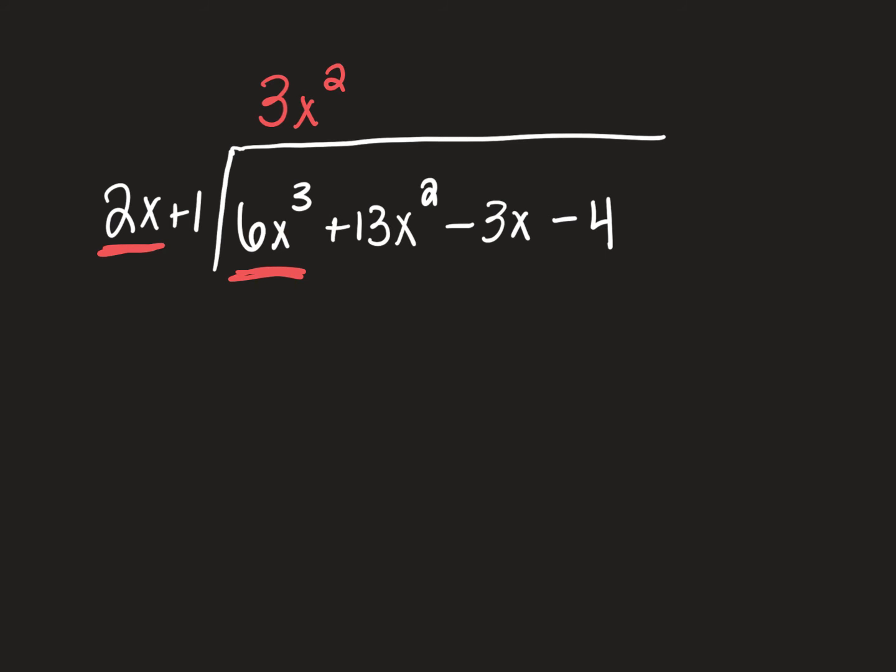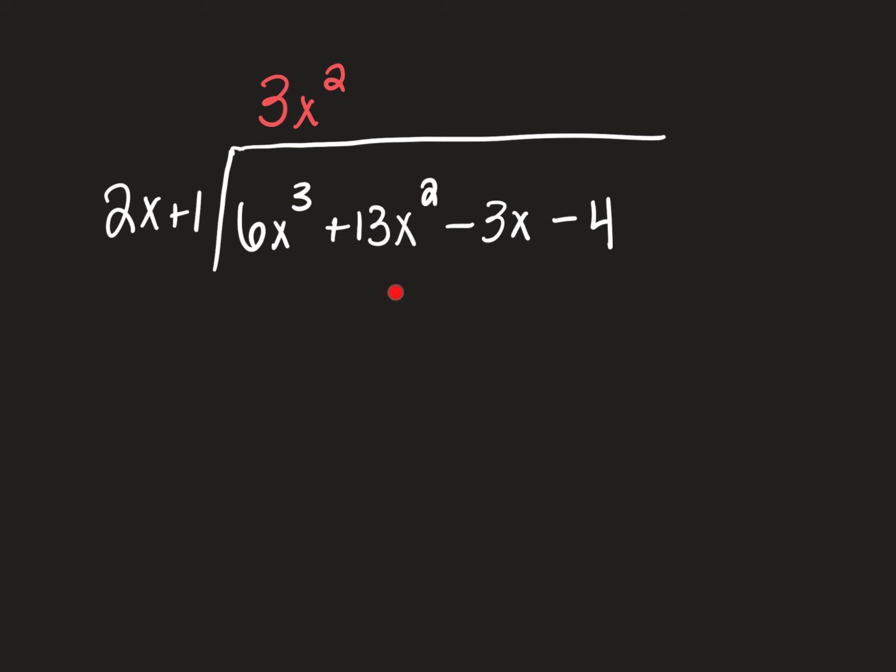Now, just like regular long division, we're going to take what's on top, multiply it by what's outside, and put it underneath. So we're going to take this 3x squared and multiply it by 2x plus 1, like old school long division.